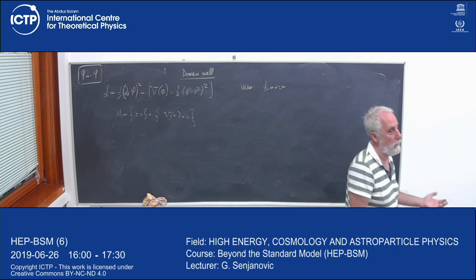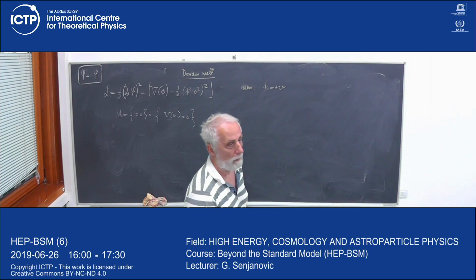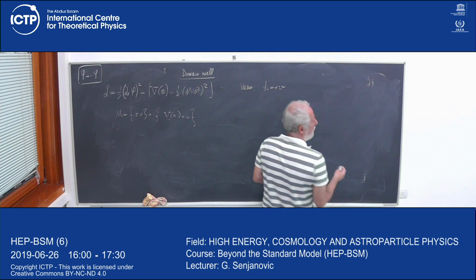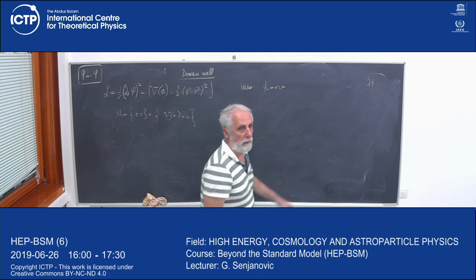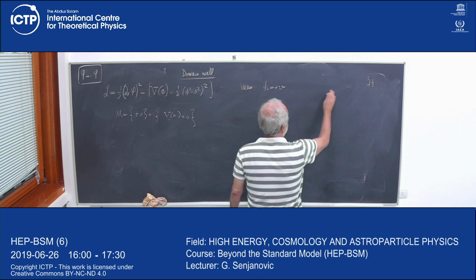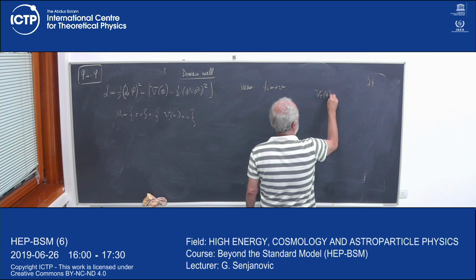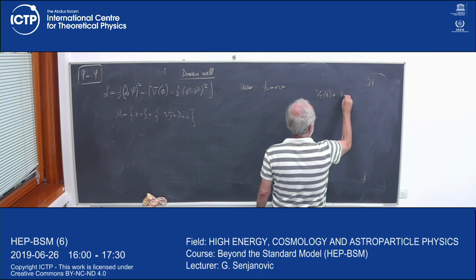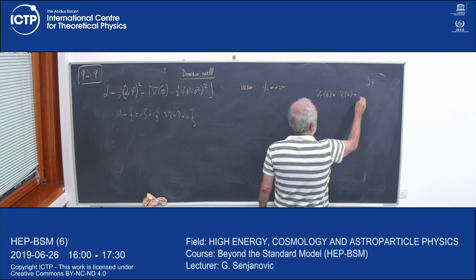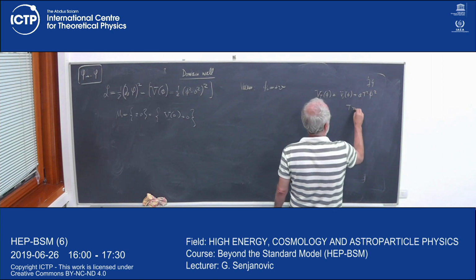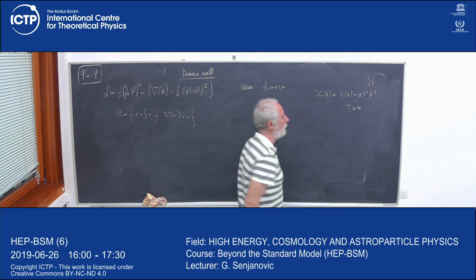Okay, why don't I show you that, by the way? Since you want to know, there is this beautiful work of Weinberg, which I like a lot, a 1974 classic paper. It's not the original work, which was started by Kirzhnits and Linde, Kirzhnits especially, but he shows you that the potential at high temperature is the potential at zero temperature plus a correction, when the temperature is much bigger than all the mass scales of the theory.